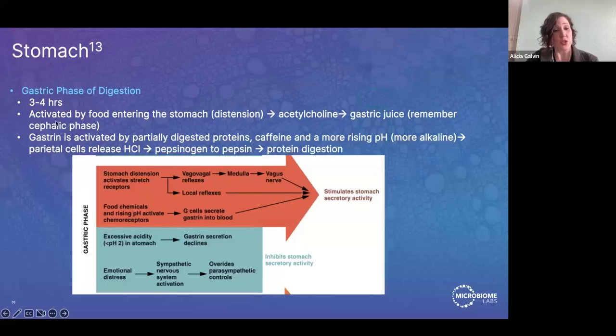And then gastrin, which is what's triggering that stomach acid release as well, is going to be activated by proteins and caffeine. So this is why sometimes when people are drinking a lot of coffee or they have a lot of caffeine, it might cause more stomach issues because it might be stimulating more of this gastrin. And then that's when we also get the protein digestion, as we talked about.